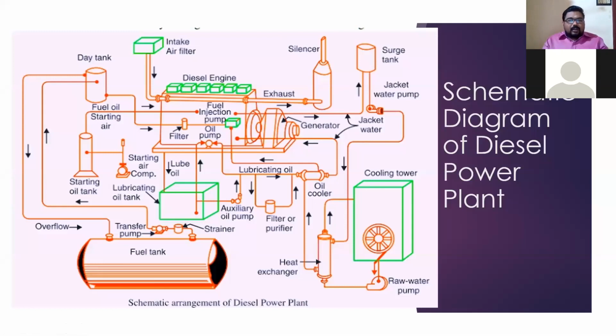Now the 7th part is nothing but the starting system. Why is the starting system required? I told you very clearly in yesterday's class. If it is a normal diesel generator in our house, what we used to do is tie a rope, put it in a particular place, and pull it, and the engine will start rotating.